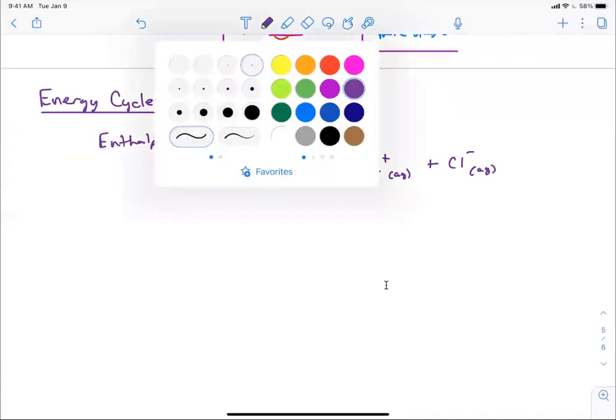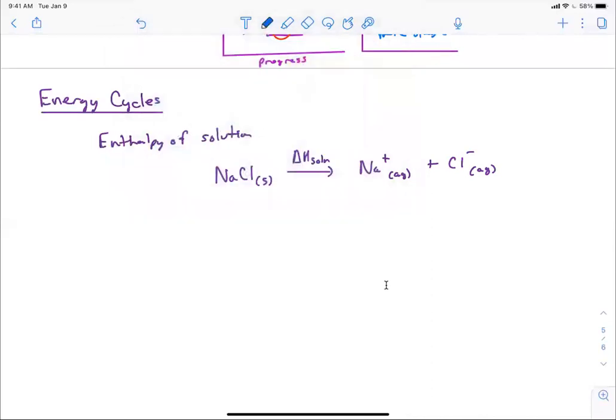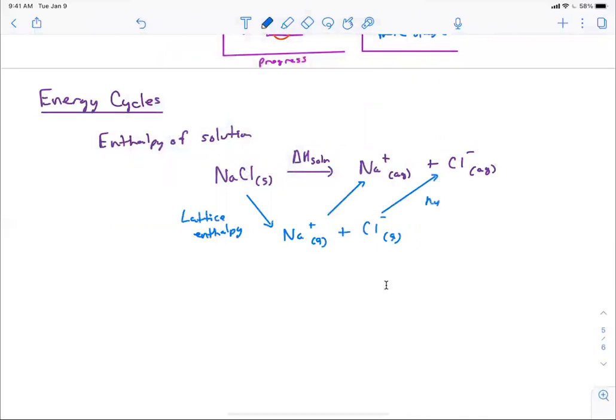But you can also go a different pathway to achieve that same value. You could convert this into gaseous ions, which we call lattice enthalpy. And then we could convert that into aqueous ions, which we call hydration.